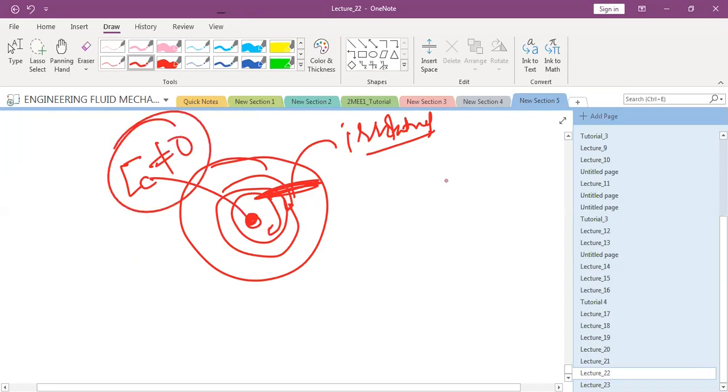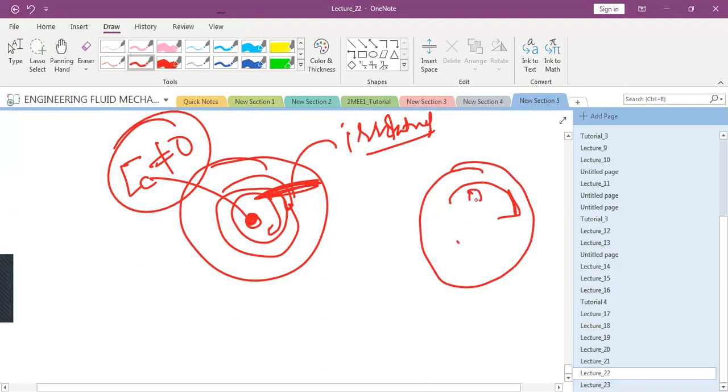And we noted another case in which the fluid was undergoing a rigid body rotation. We noted that in this case, whatever element we choose, it has a constant angular velocity omega.